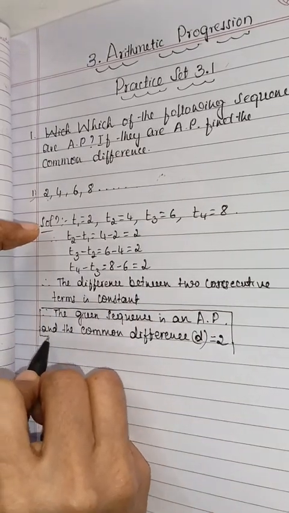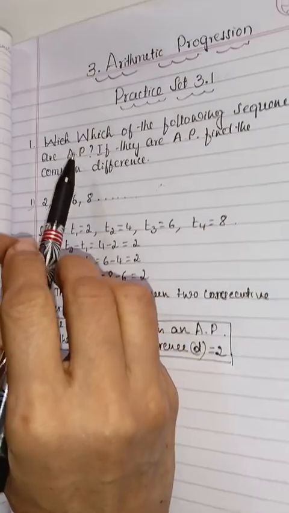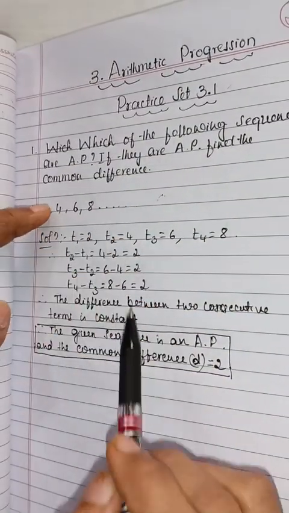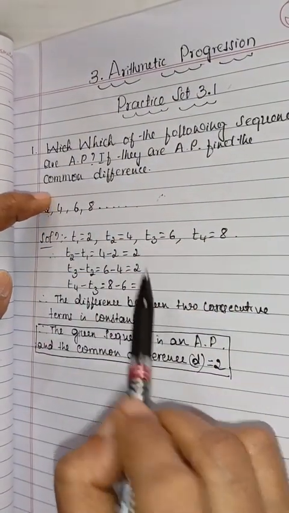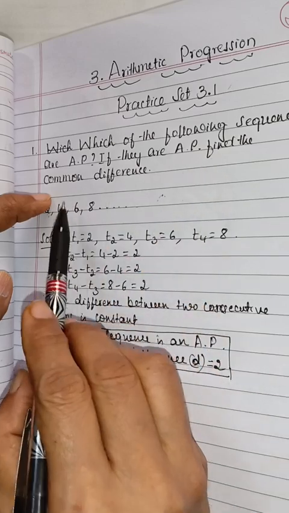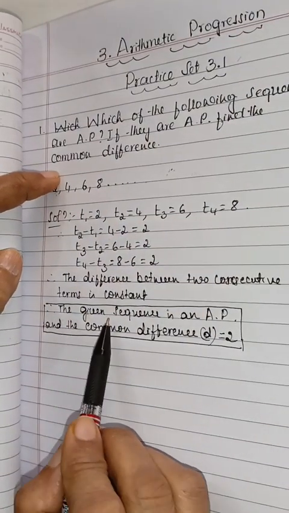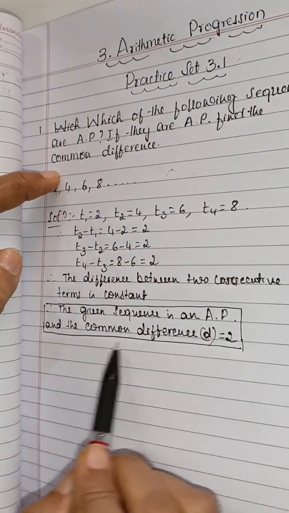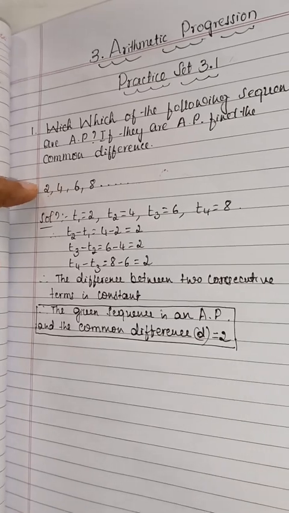This is what the question asks: which of the following sequences is arithmetic progression? This is the arithmetic progression. If they are arithmetic progression, find the common difference. The given sequence is an arithmetic progression and the common difference is 2.